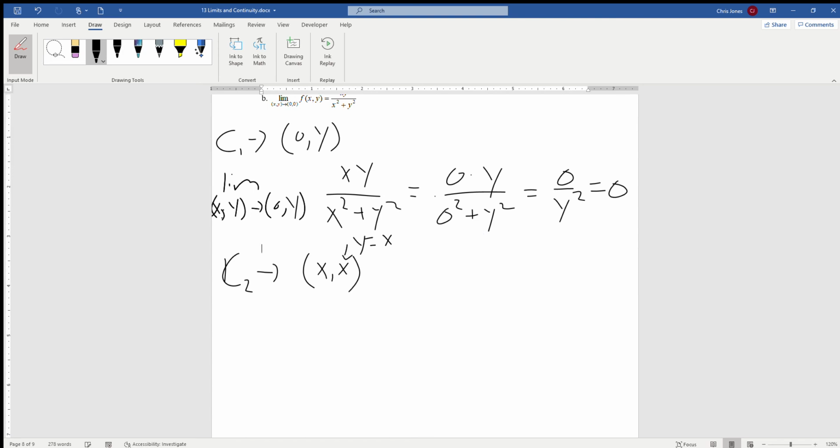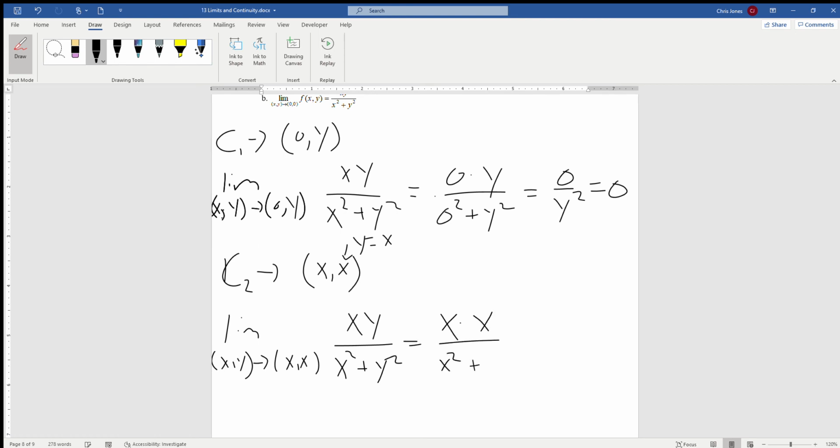So the limit as xy approaches xx of xy divided by x squared plus y squared is now going to be equal to x times x over x squared plus x squared, or that just becomes x squared over 2x squared, which is 1/2, which is clearly not the same thing. All right, so that's the goal.